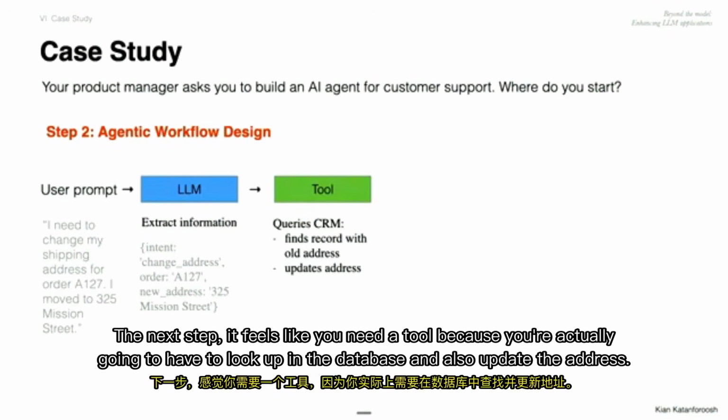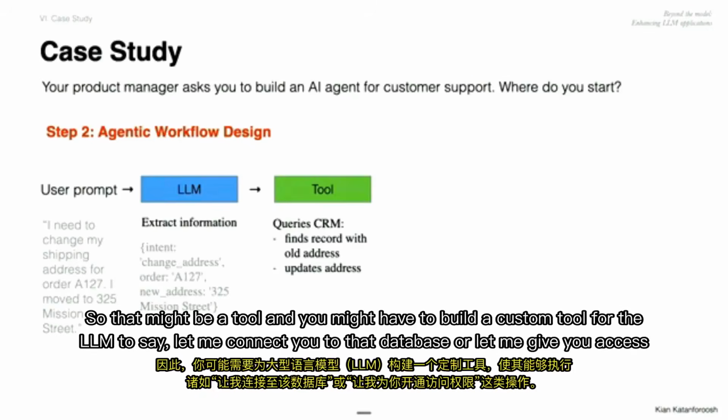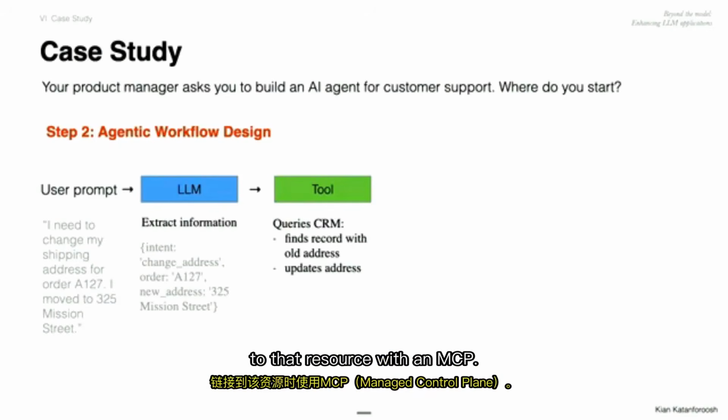The next step it feels like you need a tool because you're actually going to have to look up in the database and also update the address. So that might be a tool, and you might have to build a custom tool for the LLM to say, let me connect you to that database, or let me give you access to that resource with an MCP.